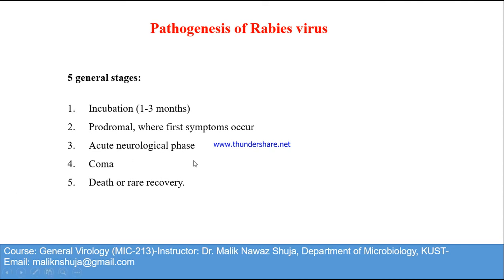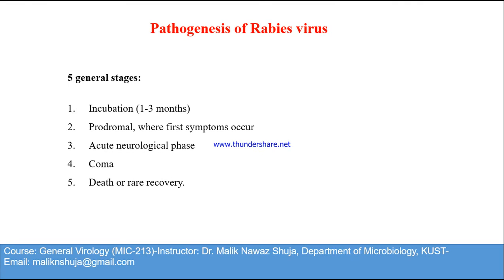Then the acute neurological phase. In the initial stages, the basic symptoms show excitation of the nervous system, and the rabies virus shows its symptoms in animals as well as in human beings. Once past this acute stage, the patient or the animal enters a higher stage, which is the coma stage, and then finally the last stage, that is death.